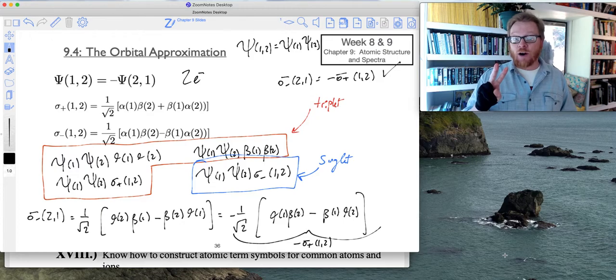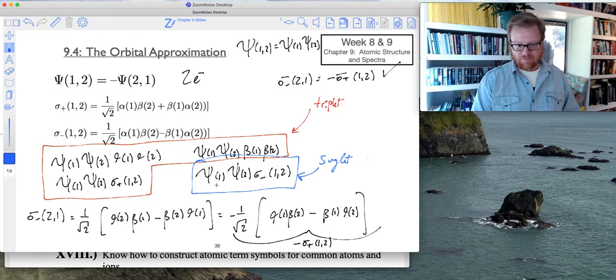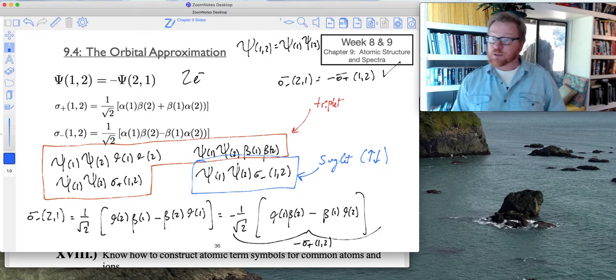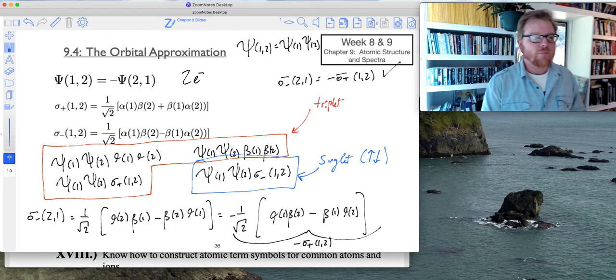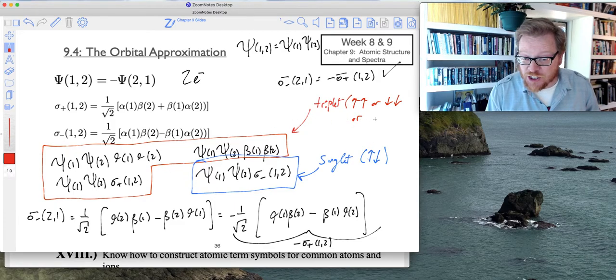Those possibilities are a singlet, which I've highlighted in blue, and that singlet, the sigma 1, sigma 2, sigma minus 1, 2, is the only acceptable wave function to describe the spin pair, okay? But what does that triplet correspond to? Well, that triplet could be both spin up or both spin down or some superposition, which I'll go dot, dot, dot.